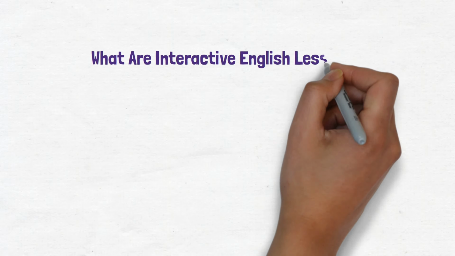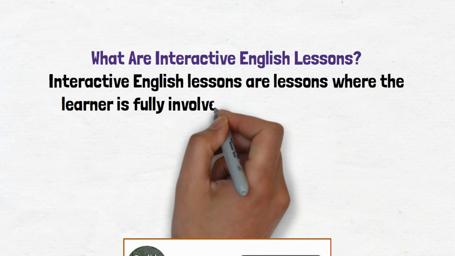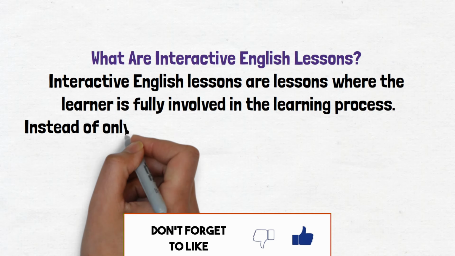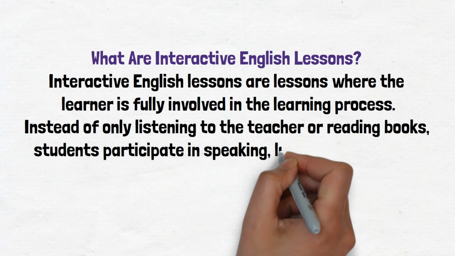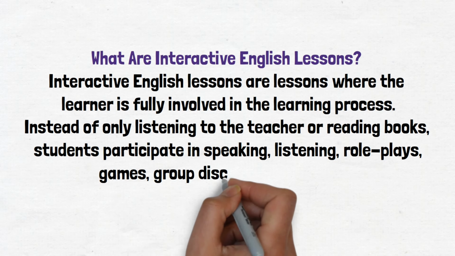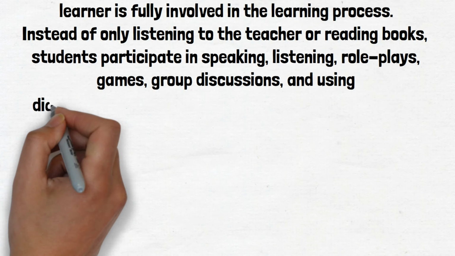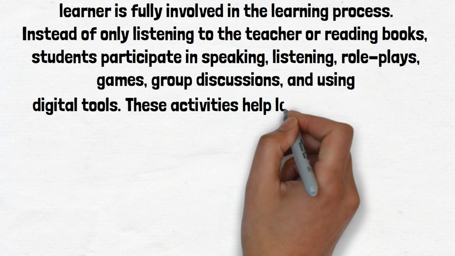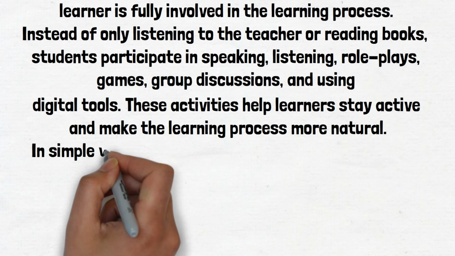What are interactive English lessons? Interactive English lessons are lessons where the learner is fully involved in the learning process. Instead of only listening to the teacher or reading books, students participate in speaking, listening, role plays, games, group discussions, and using digital tools.